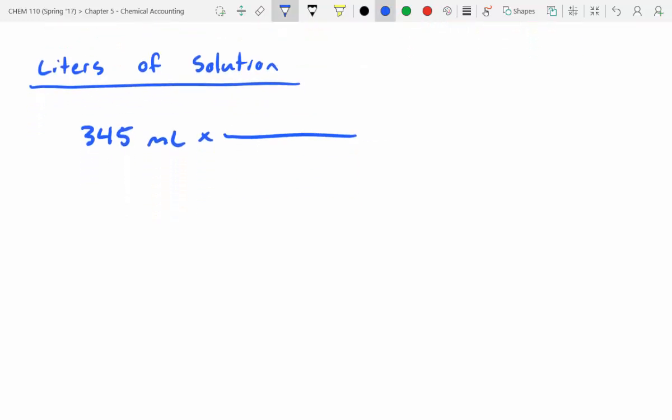So I want to cancel out milliliters, put that on the bottom. I'll put liters on the top. Now the big question is, how many milliliters are in a liter? 1,000. So that was one of the units we had to memorize. Does that 1,000 go on the top or bottom? On the bottom. There are 1,000 milliliters for every 1 liter. So now we cancel out milliliters, we're left with liters. And this should give us 0.345 liters.